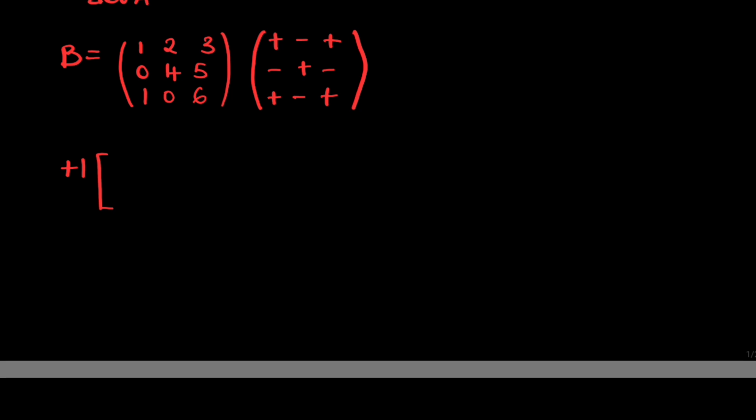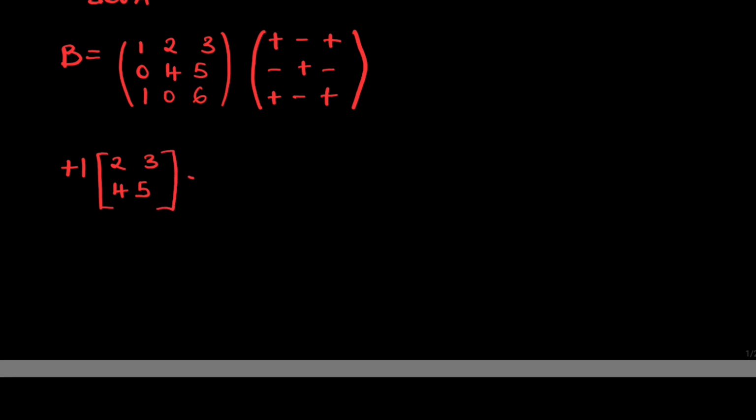We need to delete its row and column in order to have another 2 by 2 matrix. So we delete its column, we delete its row. What is left? 2, 3, 4, 5. We write it down and close our bracket.